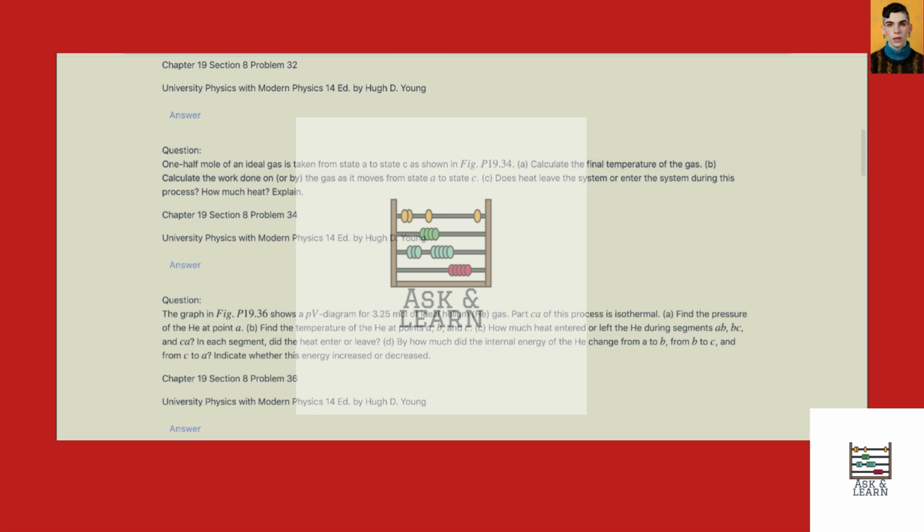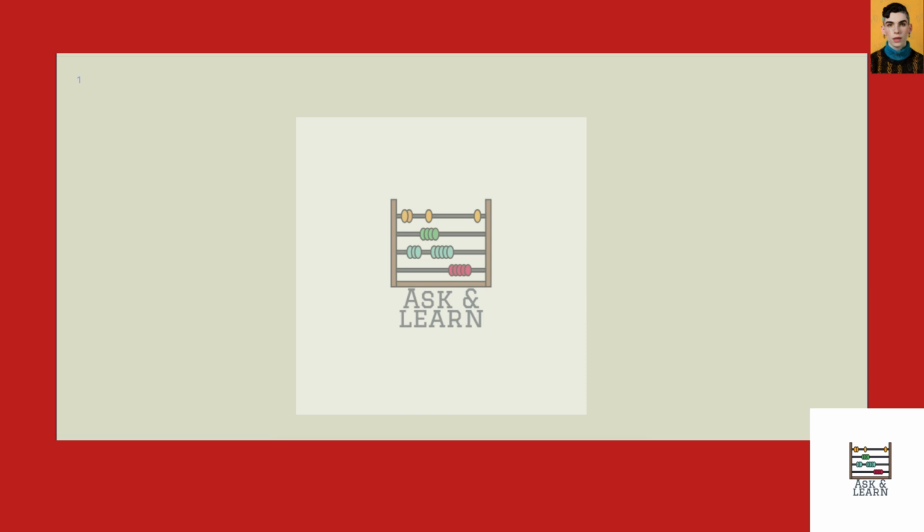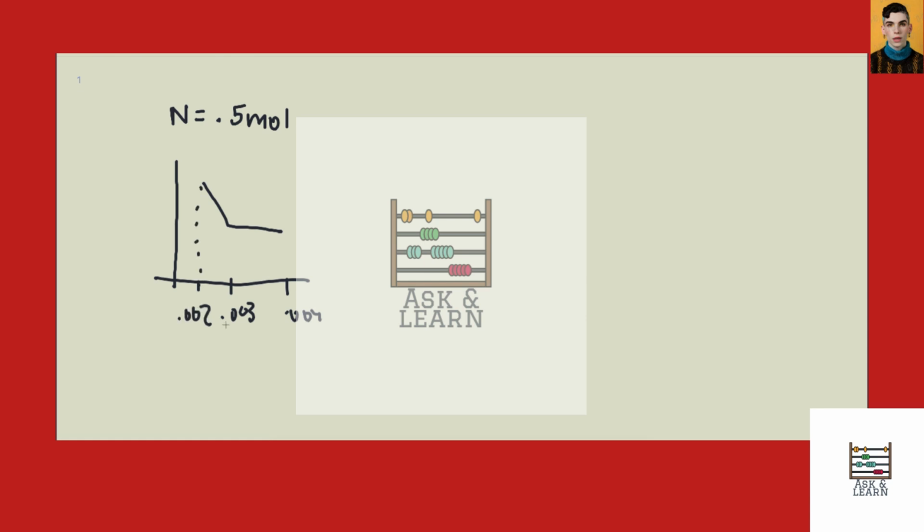Okay, so let's take some notes. I'm going to copy down the diagram, and I'm going to first write down that n is 0.5 moles. And then here's our diagram. It goes like this and this. That's 0.003, 0.004, and then that's 0.002.